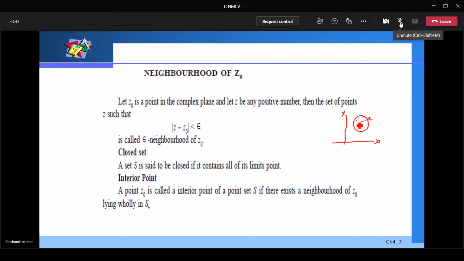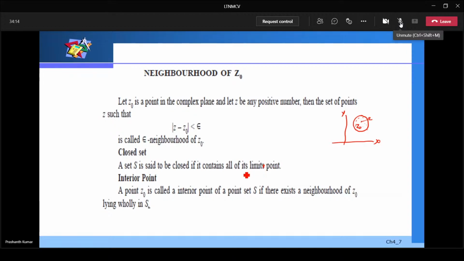ఓకే, అంటే ఈ పాయింట్స్ అన్ని కూడా ఇన్సైడ్ ది epsilon neighborhood of the points. Then we call these points are the closed sets. This is called the closed set. Okay, and these points are also we call as interior points. Okay, a set S is said to be closed if it contains all of its limit points.